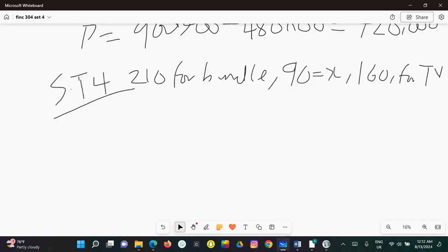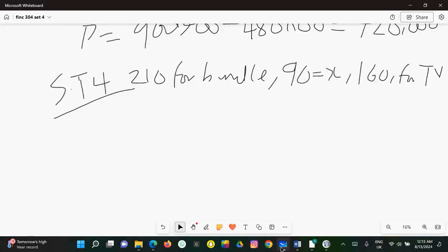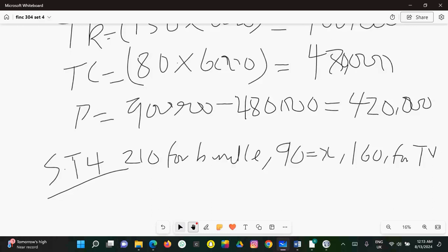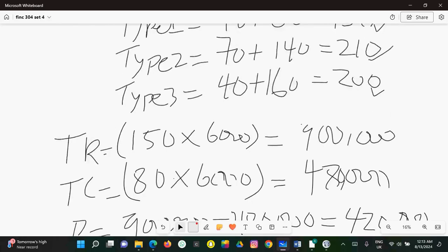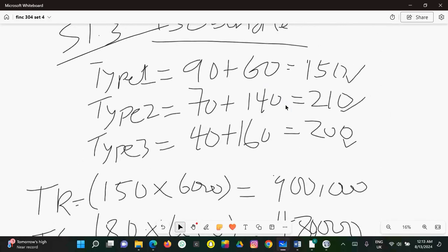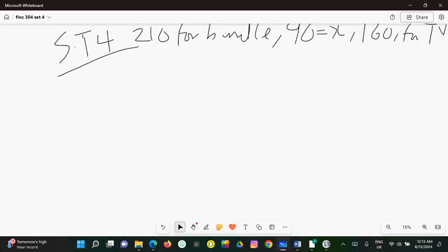So now let's check for the 210 bundle. If you check, product one cannot buy when it is 210. So far for 210, only type 2 can buy. Only type 2 can buy for 210. So now let's check the revenue for 210.